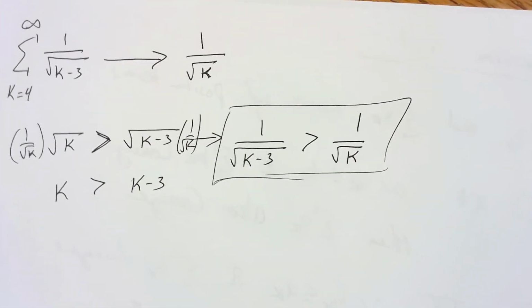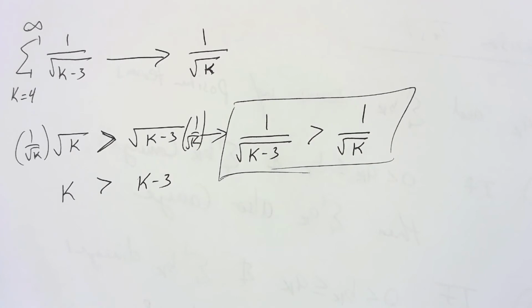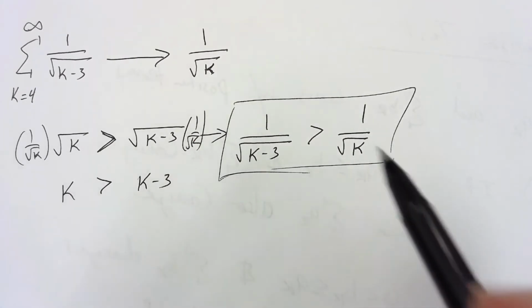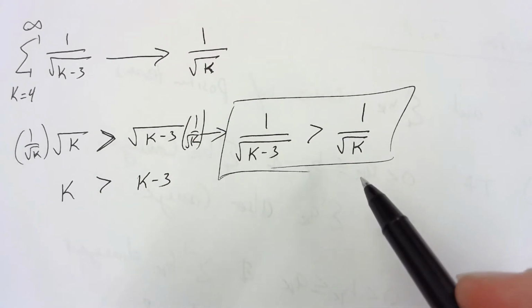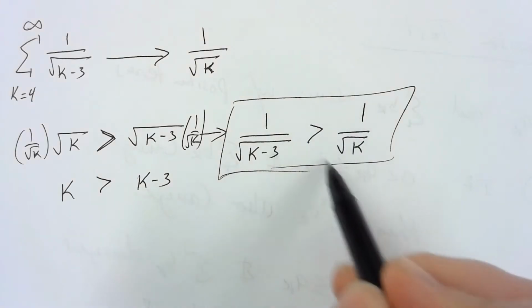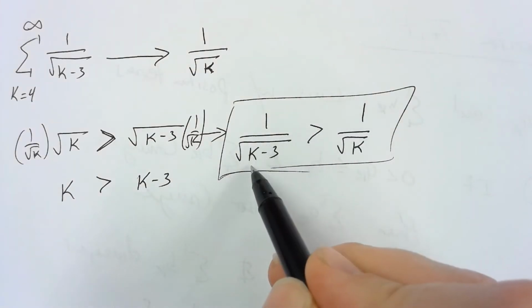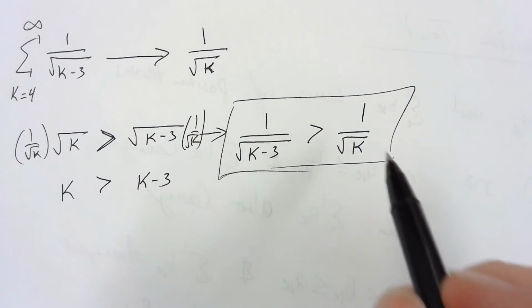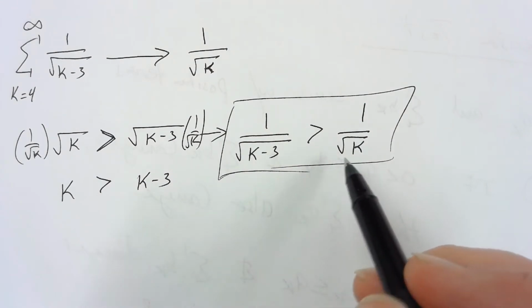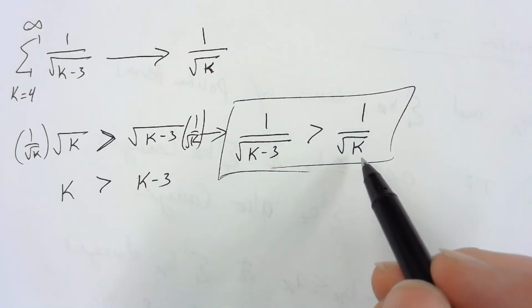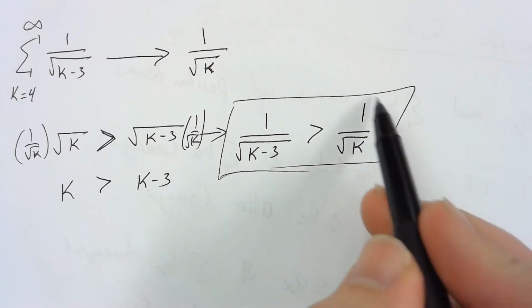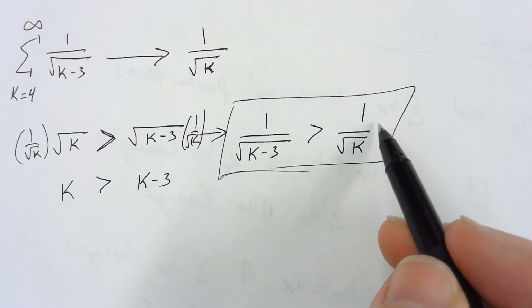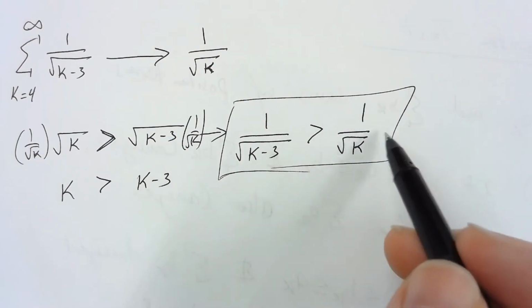Before I even move on from this, I'm going to identify some very clear information, at least to get some understanding of the comparison test. Because this series is smaller than this one for every single term, and this one was the one I'm bringing to the table, this is the one I have to make a conclusion about. It's also important that if this one converges, then I know nothing about this one, because it's less than it.